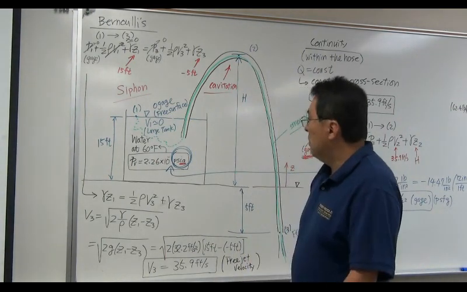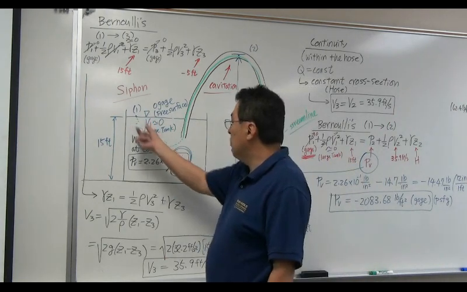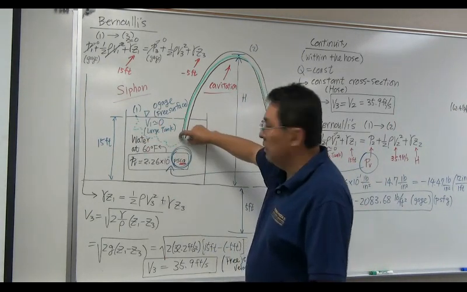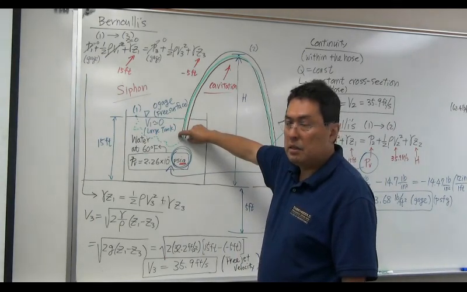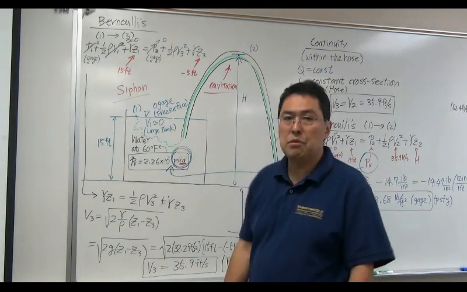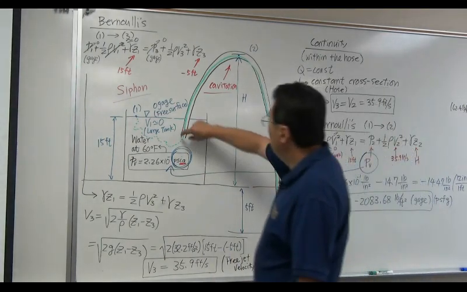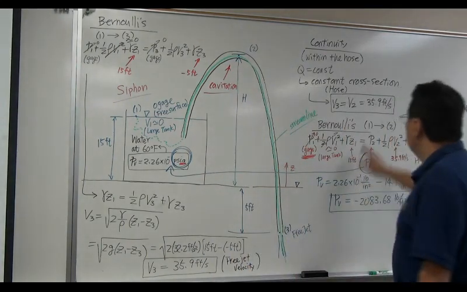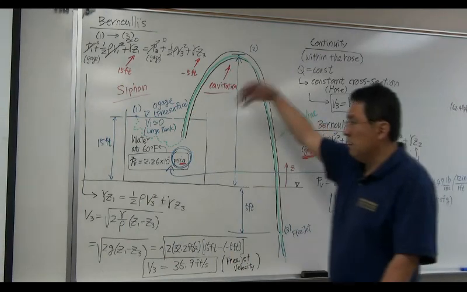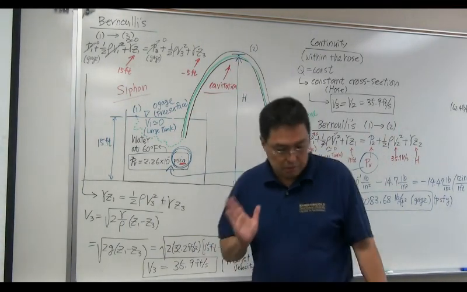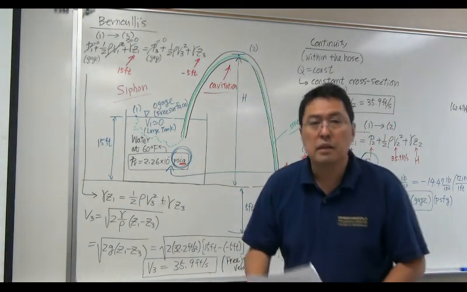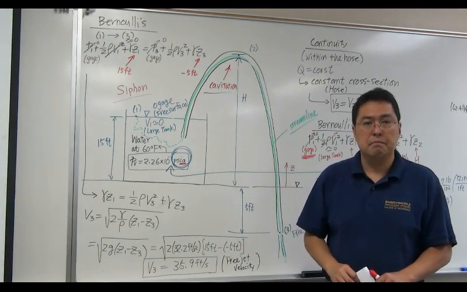So you cannot apply continuity anywhere between point 1 and the inlet of this hose. That's the location of non-constrained flow, where you can never use continuity. Continuity can be applied within the hose. Continuity tells you velocity is uniform throughout the hose. Okay, those are the important things that you need to remember. Okay, that's it.